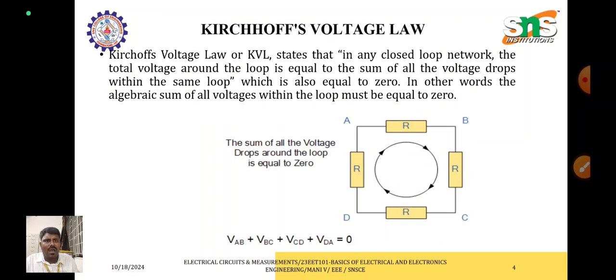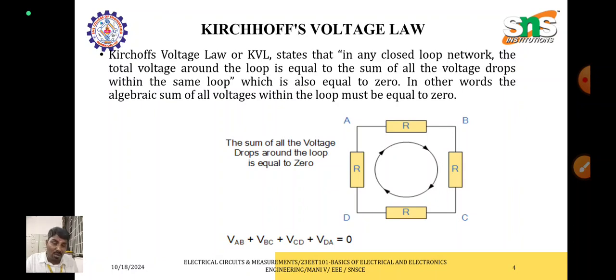Okay. And the Kirchhoff voltage law. In Kirchhoff's voltage law, in a closed circuit, the sum of potential rise is equal to the sum of potential drop in the circuit.